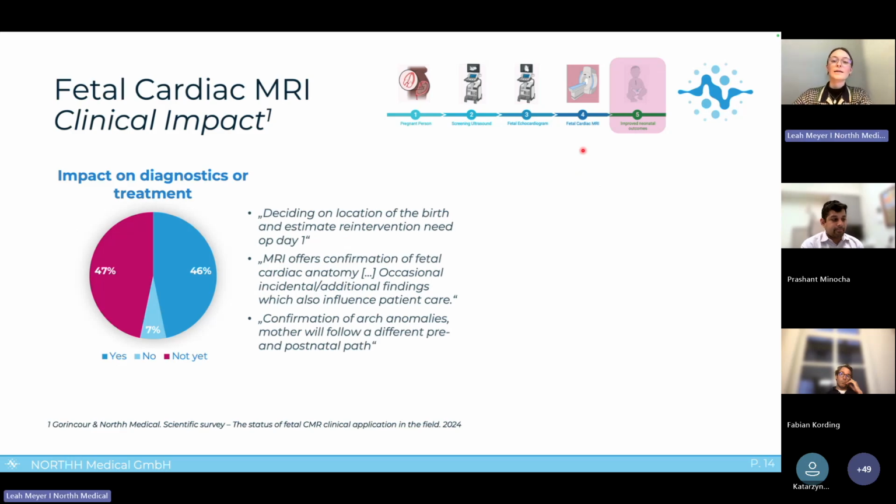Taking a look again at the survey, almost half of the participants already experienced an impact on diagnostics or treatment with SmartSync, and the other half not yet, but these are also statements confirming what we've seen on the slide before, looking at post- and prenatal influence on the path.